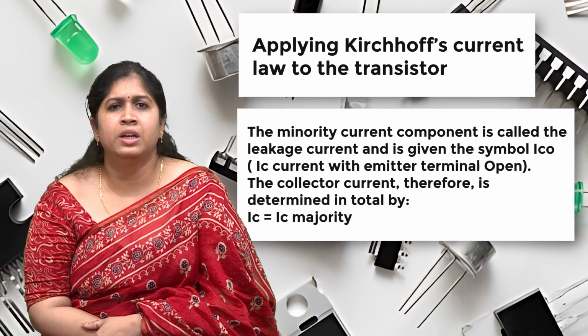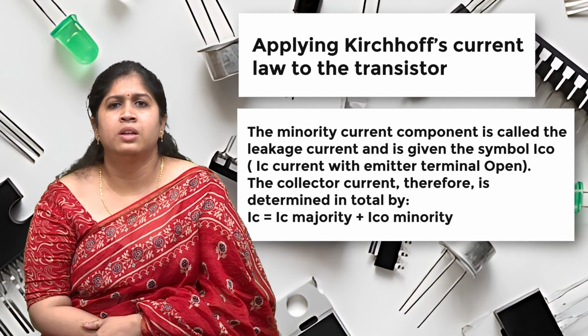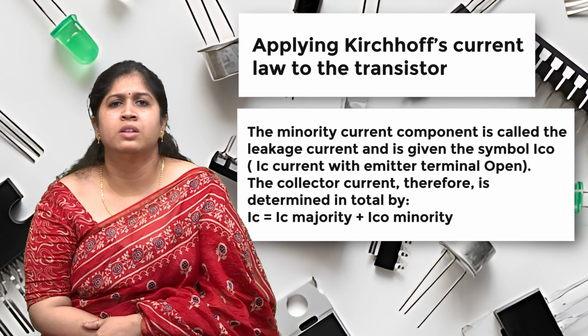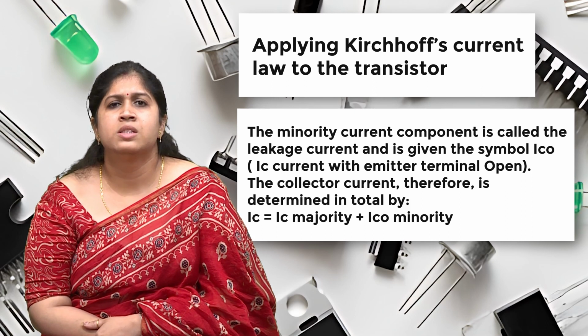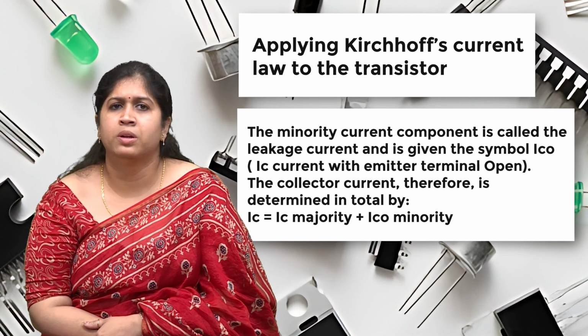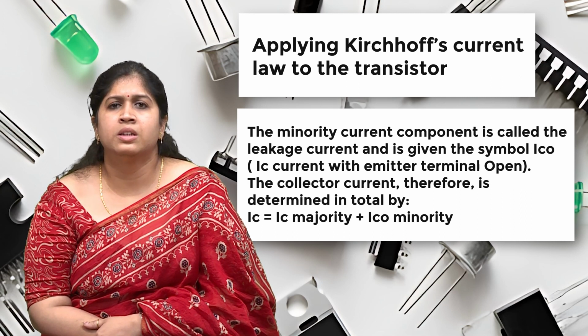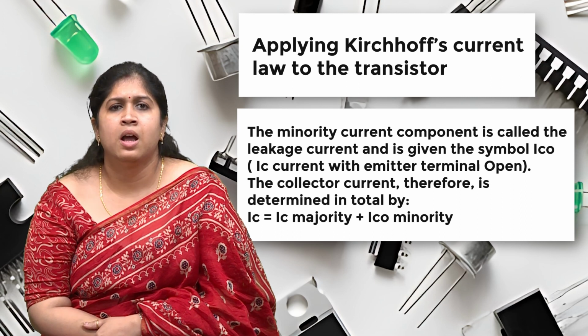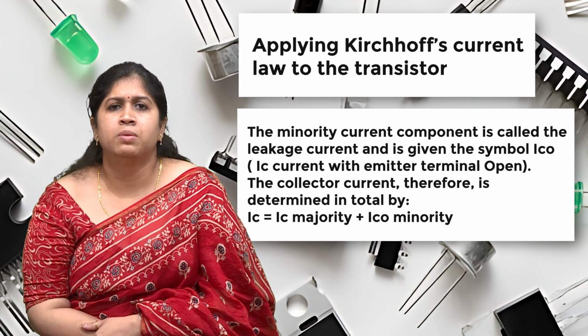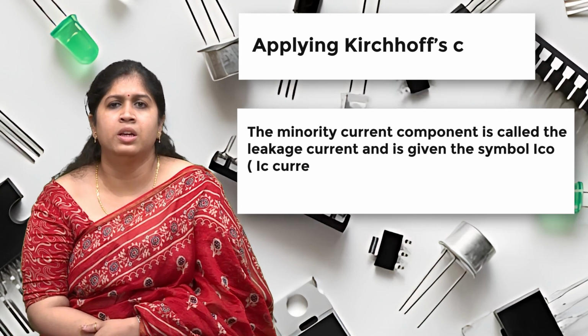The minority current component is called the leakage current and is given the symbol ICO, the IC current with emitter terminal open. The collector current is therefore determined in total by IC equals IC majority plus ICO minority.